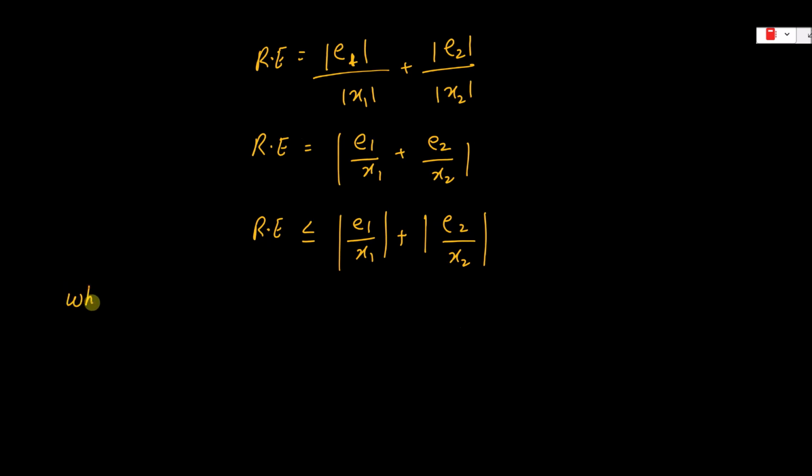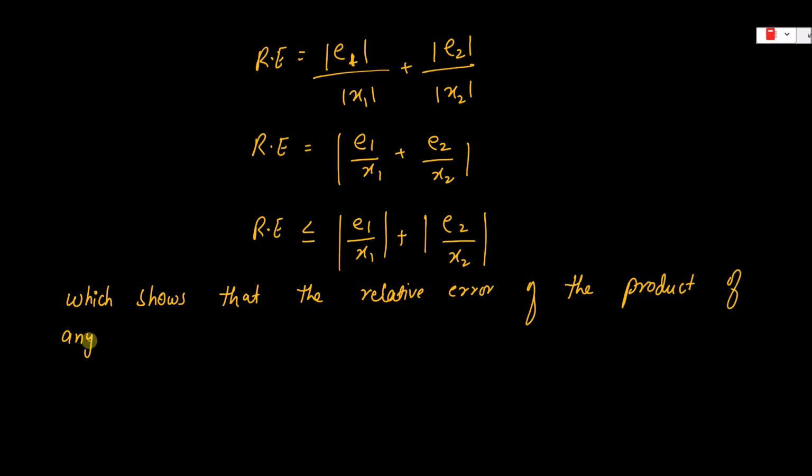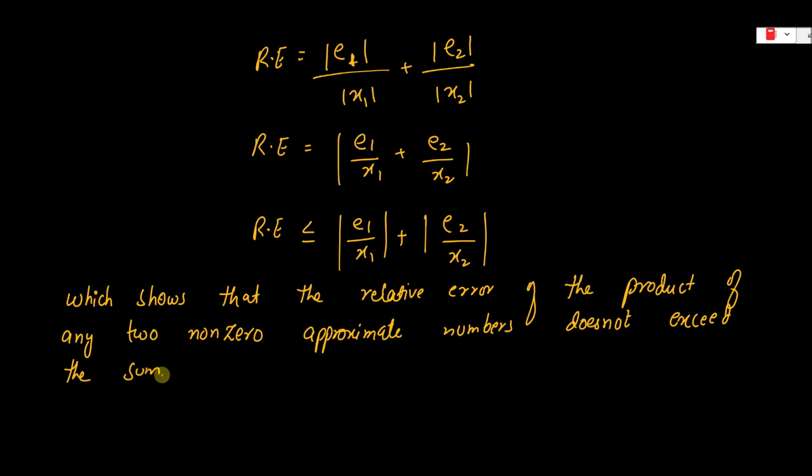Which shows that the relative error of the product of any two non-zero approximate numbers does not exceed the sum of the relative errors of the approximate numbers.